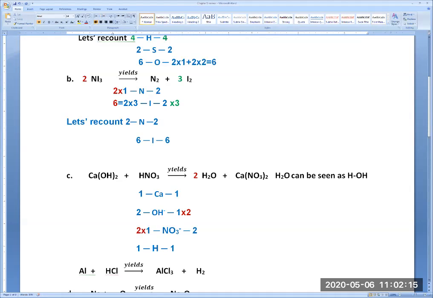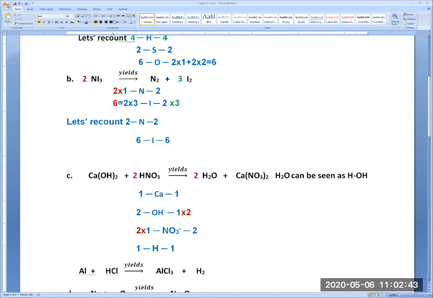And the coefficient 2 will have to go in front of HNO3 because that's the molecule that contains the NO3, the nitrate. So the 2 will have to go in front of HNO3 because that's where the nitrate ions are. So this way we balance the nitrate.